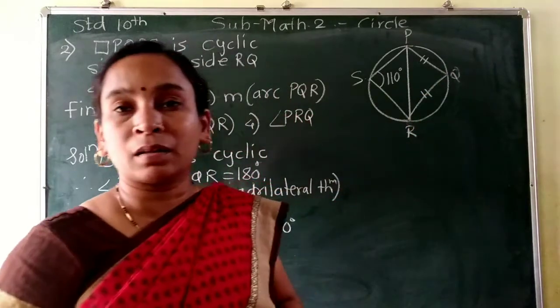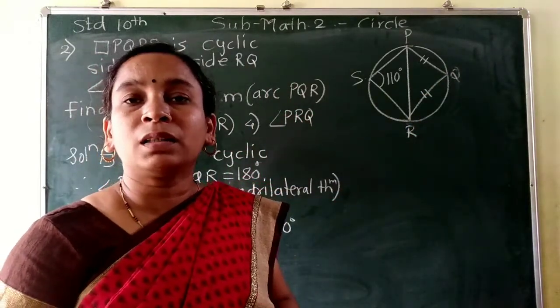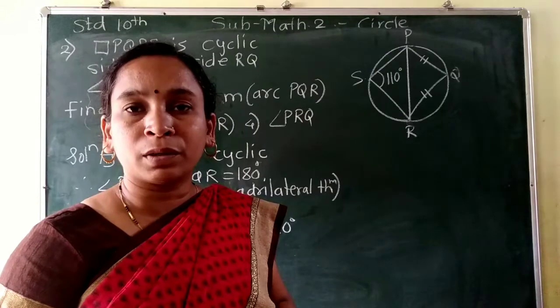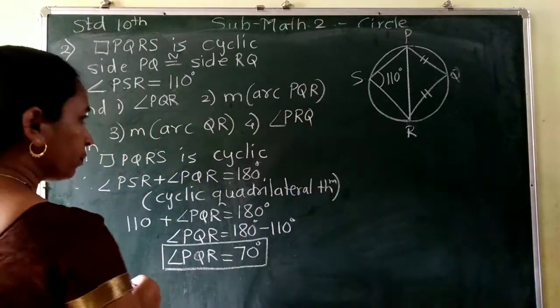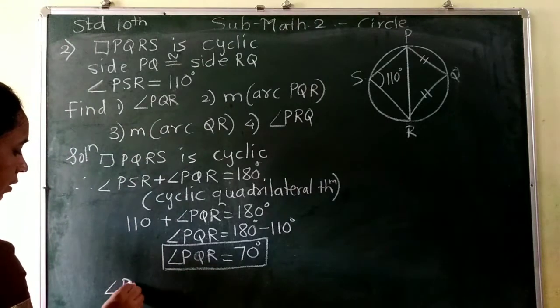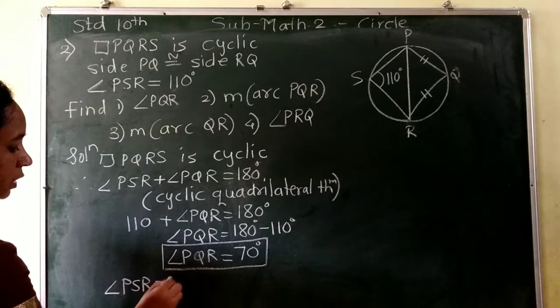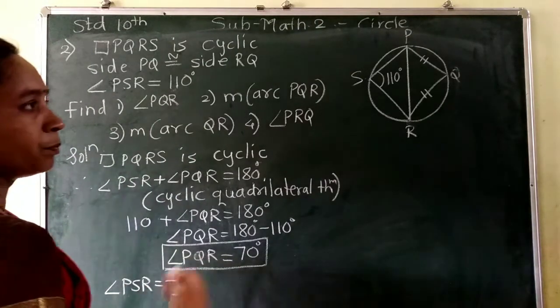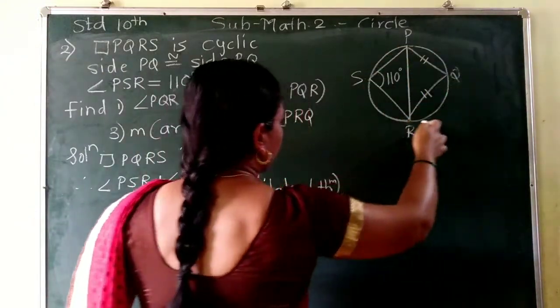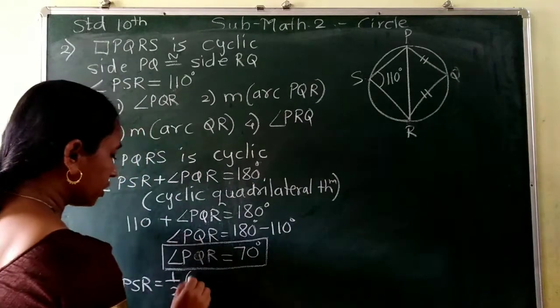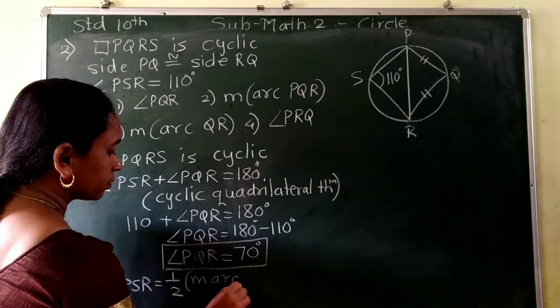So by the inscribed angle theorem, the angle is equal to half of the intercepted arc. So here angle PSR is equal to half of its intercepted arc. So the intercepted arc would be PQR. So measure of arc PQR.